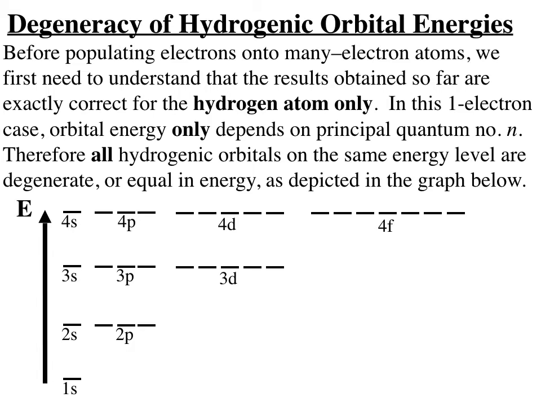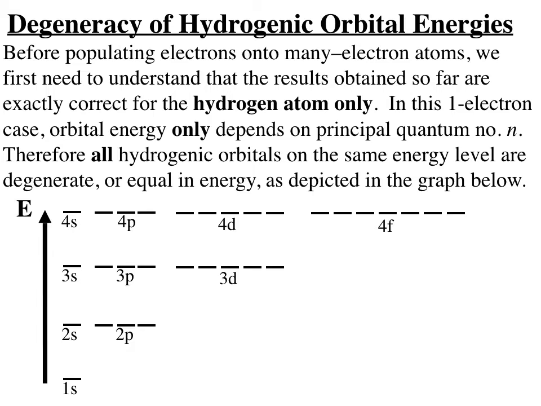That is whether or not they are an S, a P, a D, or an F. So the graph I'm showing at the bottom of this page is depicting, for the hydrogen atom, the solutions say that the energy depends only on the principal quantum number, so that on energy level 1, where only the s orbital is available and it's non-degenerate, there's only a single orbital on that level.